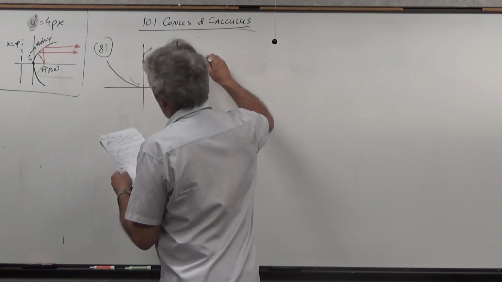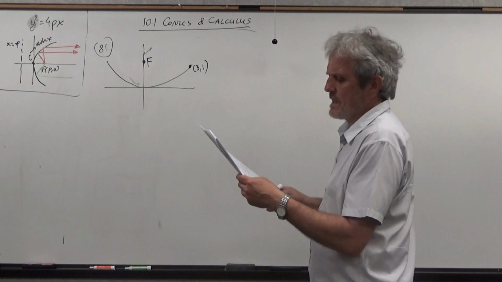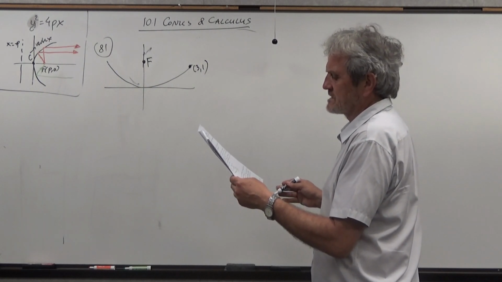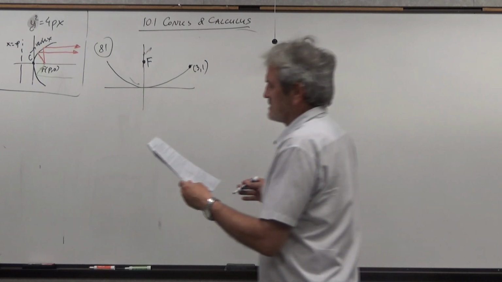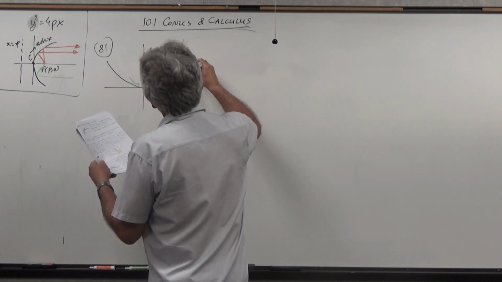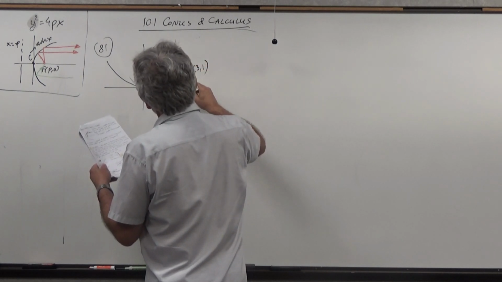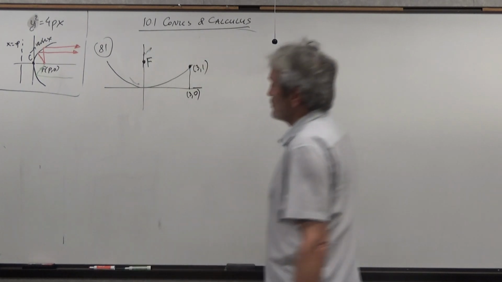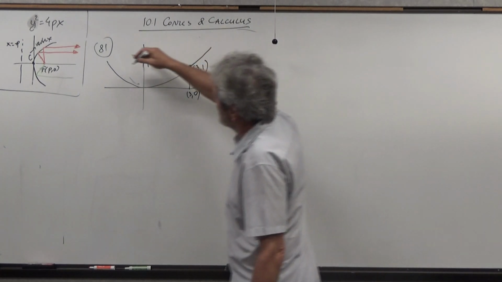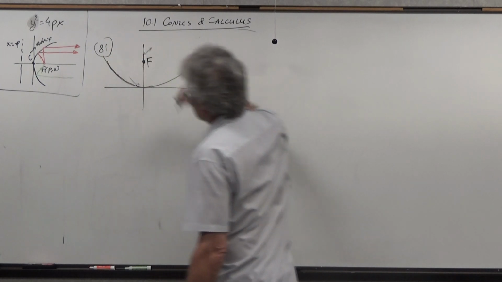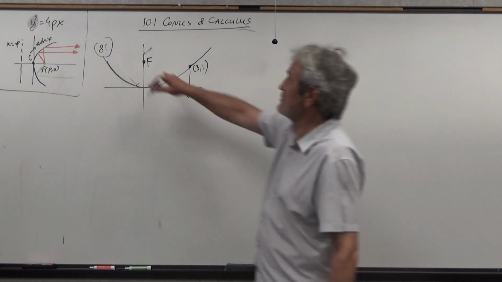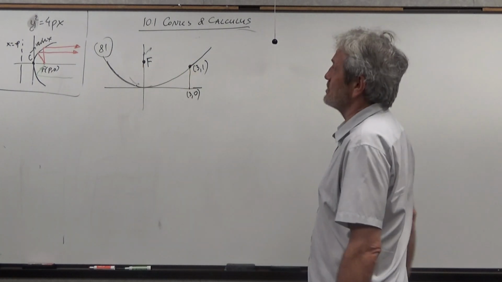They ask at what distance from the vertex is the pipe. So this was given: here is 3,1, and here is 0,0. So you scan one point on that mirror, reflective aluminum, or whatever it is, and you want to see where the focus is, if that's how you build it.